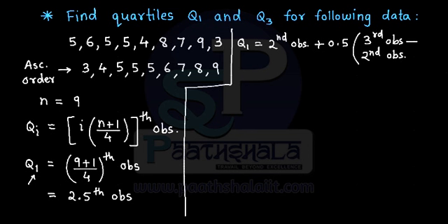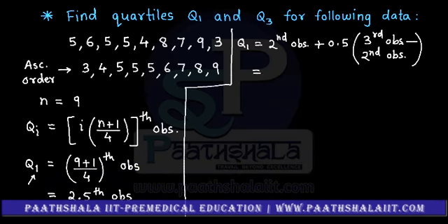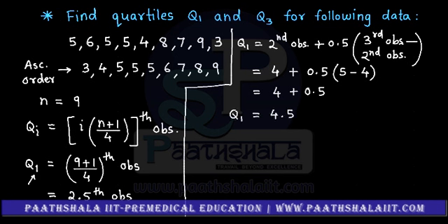Basically we hypothetically divide the difference between the second and third observation into two parts and take one part out of them, which is the 0.5. Now, what is the second observation in the data arranged in ascending order? That is 4. So you have 4 plus 0.5 into (third observation 5 minus second observation 4). Therefore 4 plus 0.5, and finally we get the first quartile Q1 as 4.5.